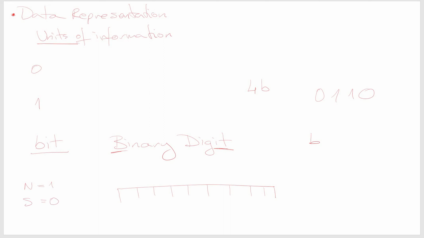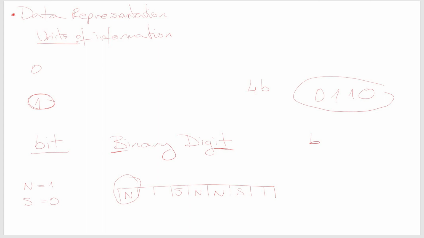Well, if we wanted to store this unit of information right here onto this magnet, then it would take exactly one magnet to store it. So it would be north, like so. If we wanted to take these 4 bits over here and store them on this magnet, then we would have south, north, north, and south. So as you can see, one individual unit of data takes up one individual magnet on your hard disk drive.